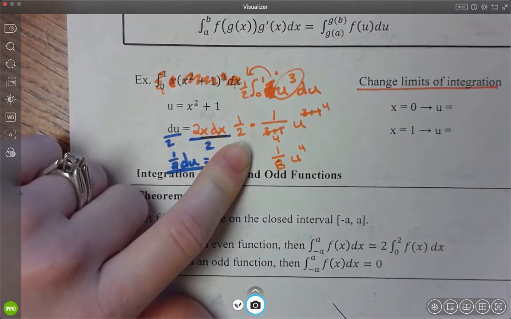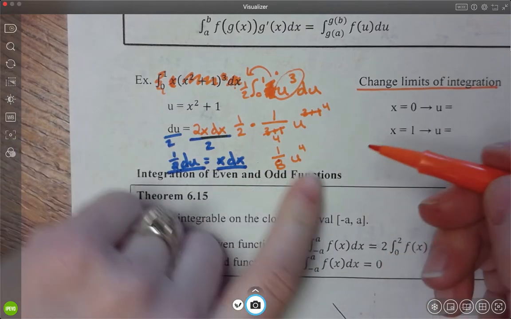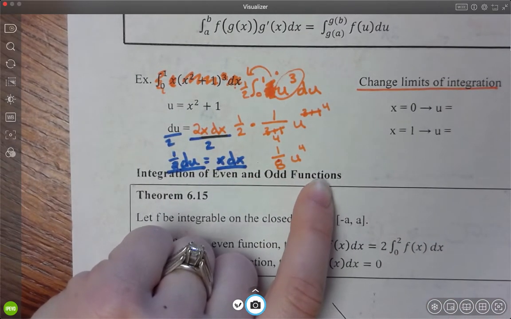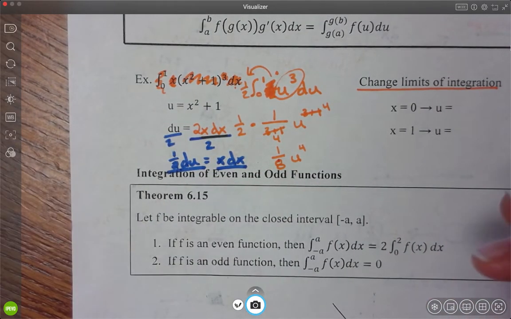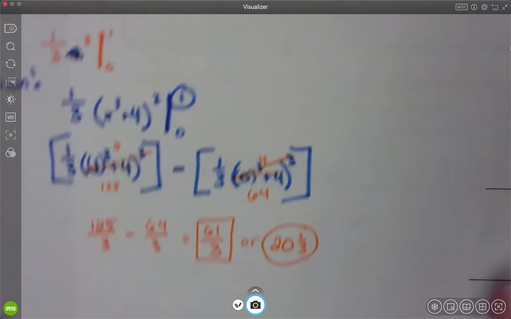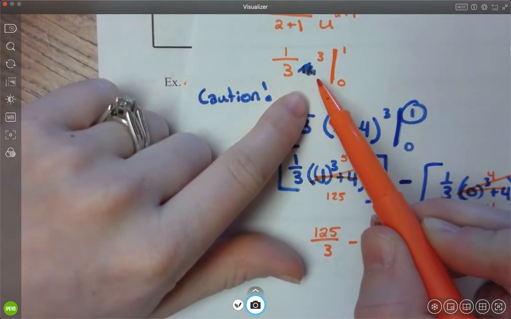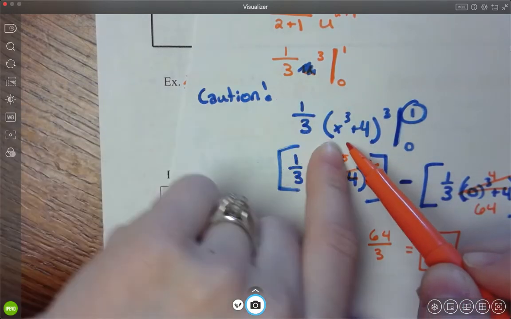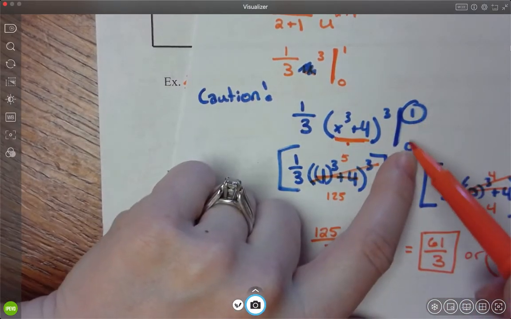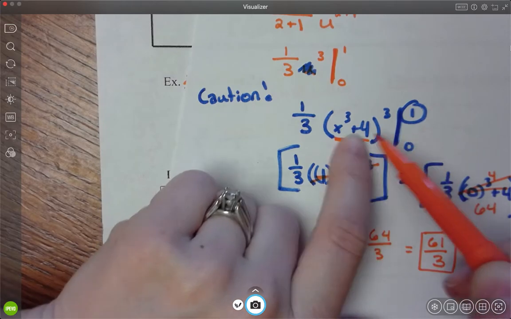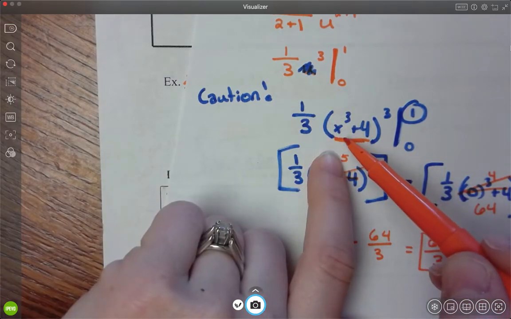All right, so I found my antiderivative. I don't need the plus c on the end because I'm going to end up plugging numbers in, but here's where this changes. In the last example, as soon as we got to this point, I said you had to plug your x back in, and then you could plug in 1 and 0. So we had to substitute x's back in for u, and then we could plug in our 1 and 0.